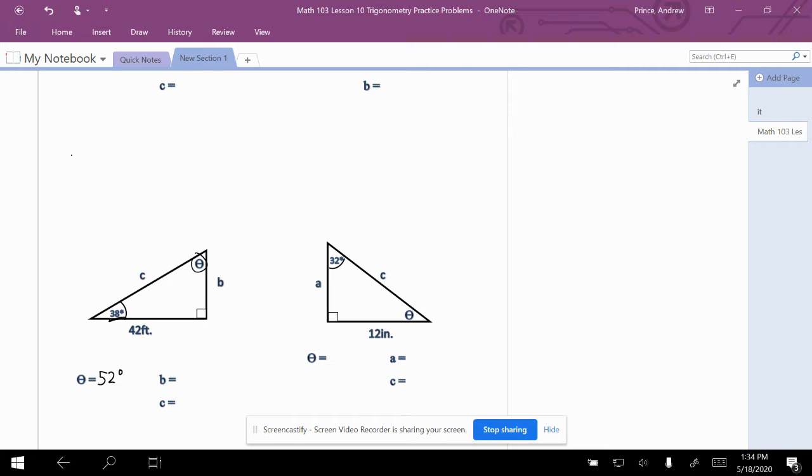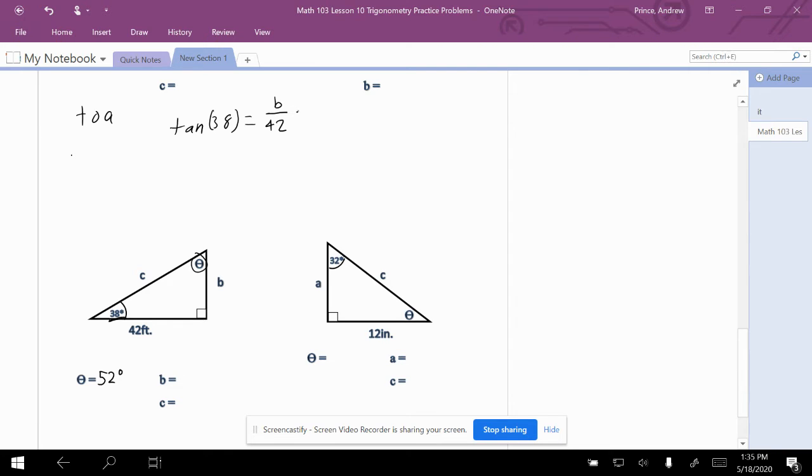So let's go ahead and go for B first. So I have my adjacent, and I want my opposite. Opposite over adjacent, that's going to be tangent if we're using the SOHCAHTOA. That's the TOA. So tangent of 38 degrees, because that's our perspective, equals the opposite, which is B, over adjacent, which is 42.